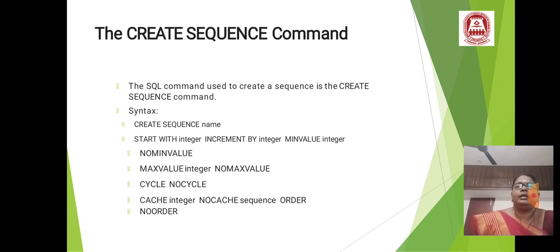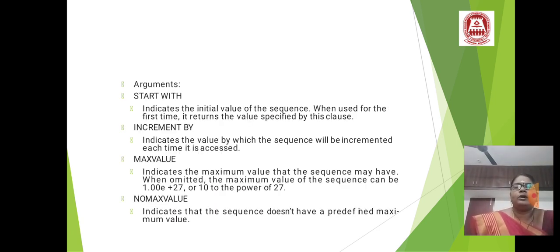So these are the entire arguments list covered in the create sequence command. We are going to discuss the purpose of these arguments in the next slide. So this is the arguments list.